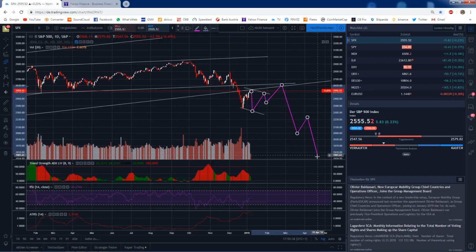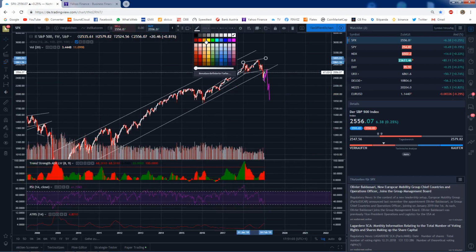So if we now zoom out, I'm going to draw the trend lines, or I make them colorful so you can compare this a little bit better. So I make this red, and I make this also red, like that.